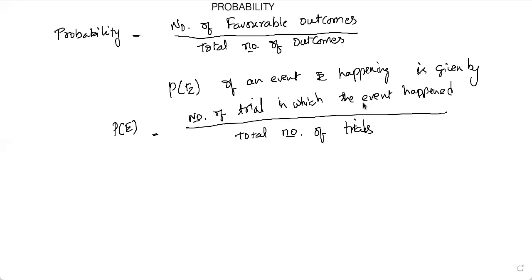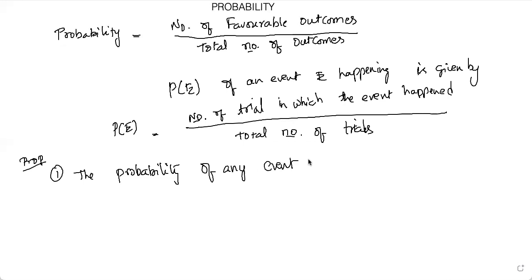And the two important properties, please remember. The first property is that the probability of any event lies between 0 and 1.